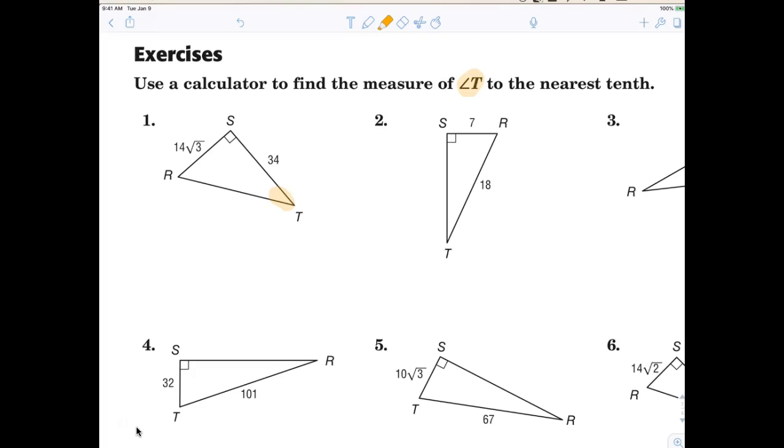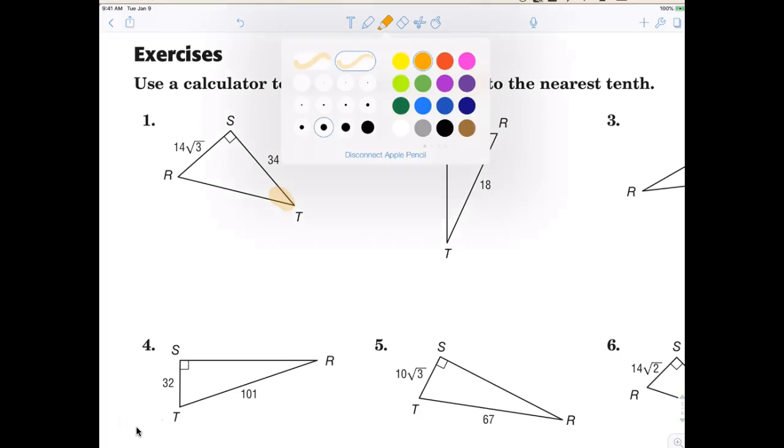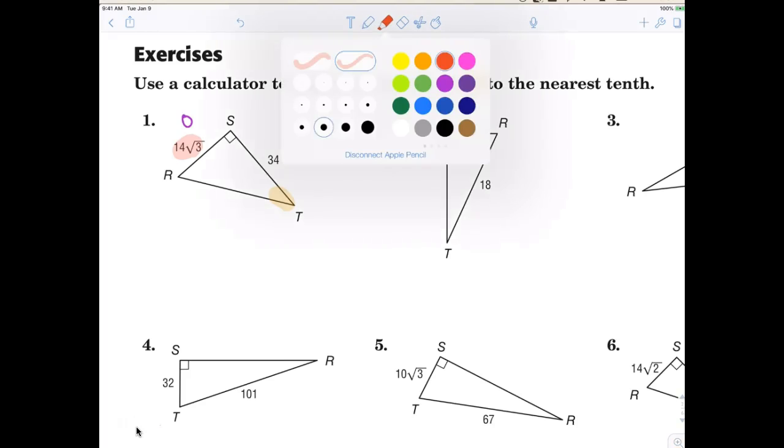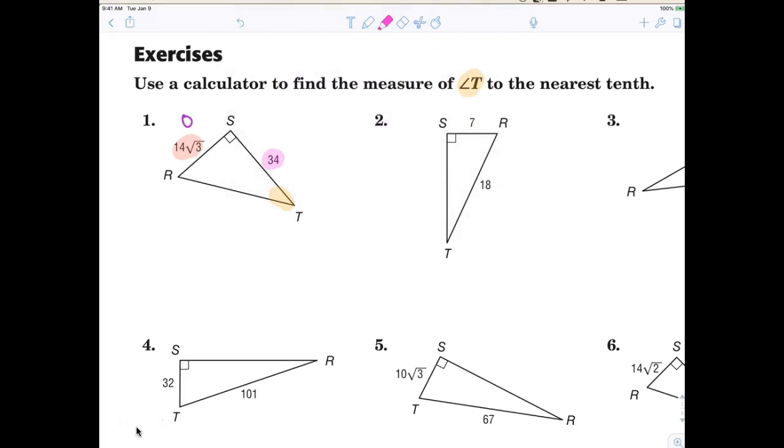All right. Now, the easiest way to do this is to identify what 2 other things are given. So this right here is the what? So again, opposite. Then this right here is the what? Adjacent. So what trig function involves the opposite and the adjacent?